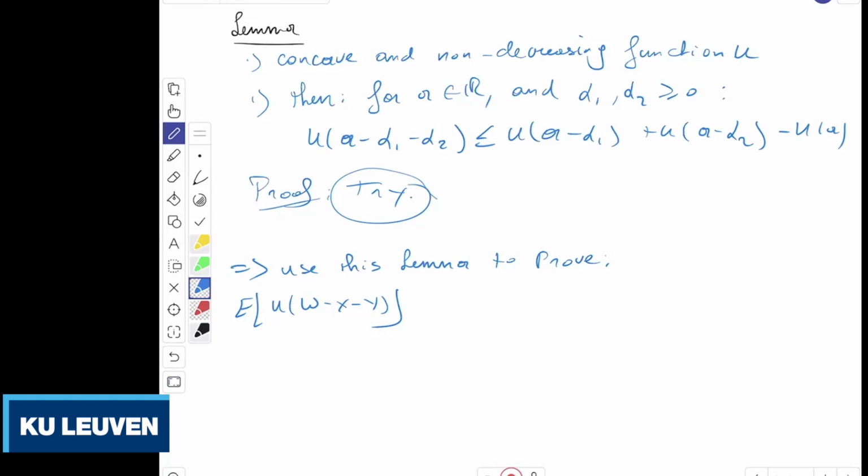Then we have an inequality now, not an equality, and we have, again, the two, what we call marginal expected utilities, meaning an expected utility only having X, only having Y. Okay, minus u(w).